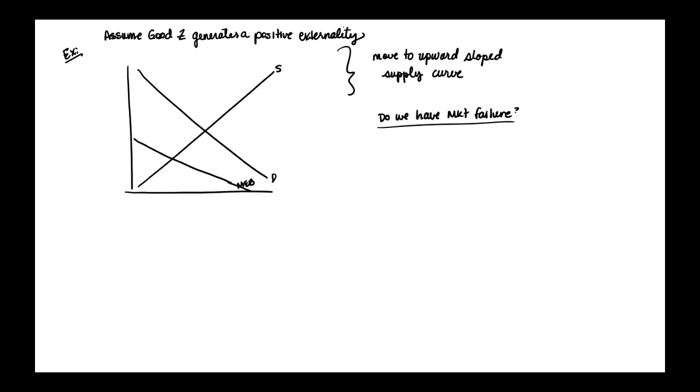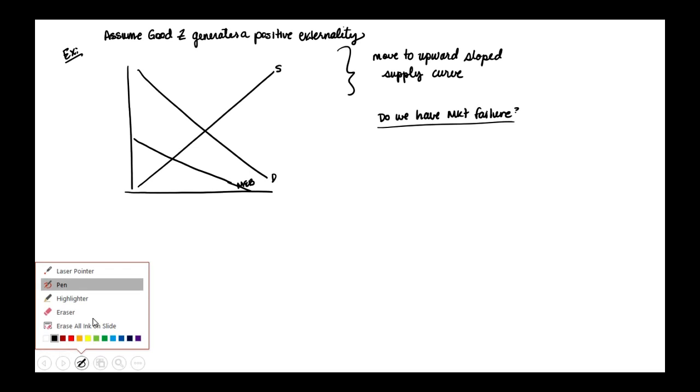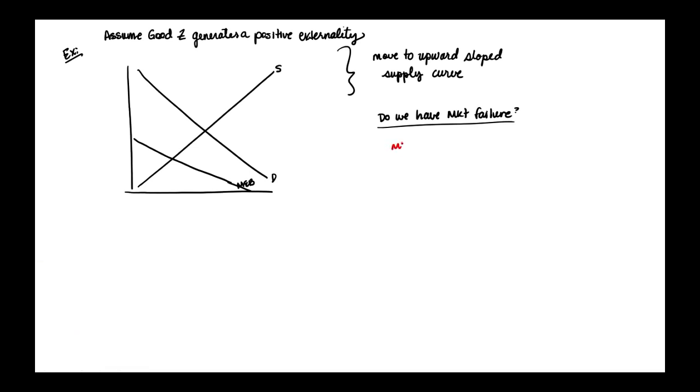Show me the market failure on the graph. At this point you should know what to do, but remember, you're finding the market outcome and you're finding the efficient or socially optimal outcome.